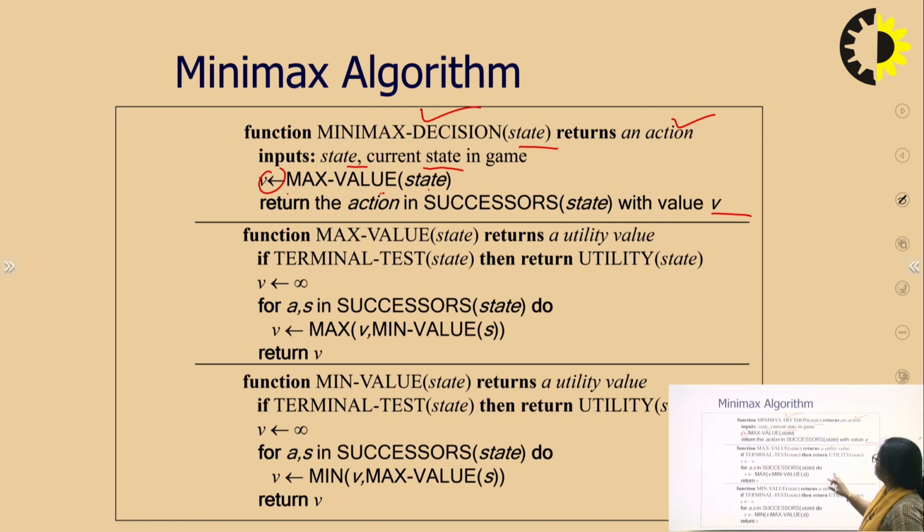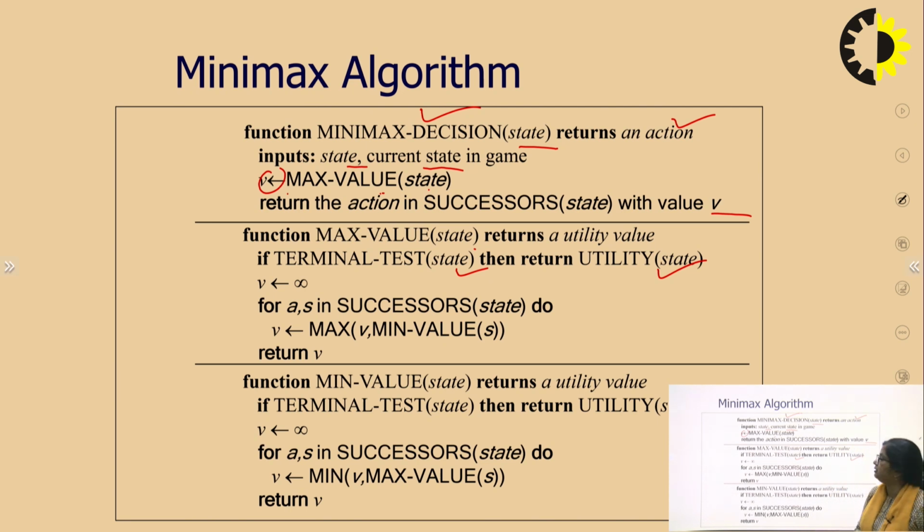So, how does it work? It will return the utility value, but actually what it is doing is, if the state on which we are calculating the max value is the terminal state, so it means the terminal test is true, it will simply return the utility value for that particular state.